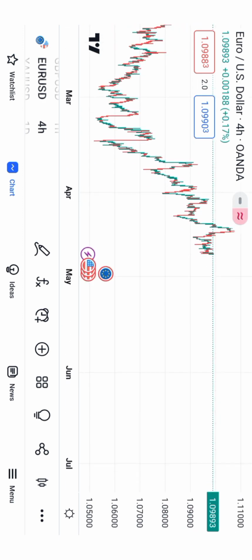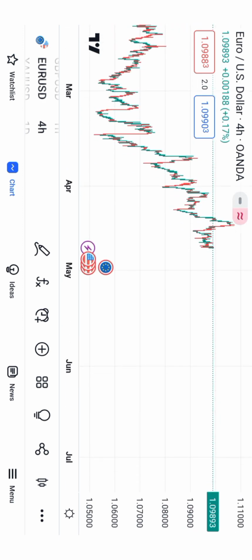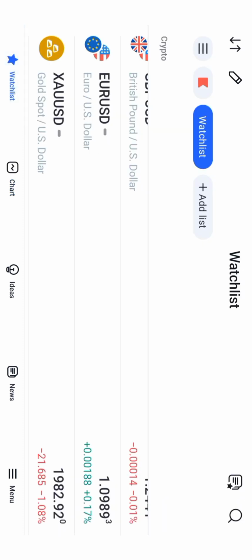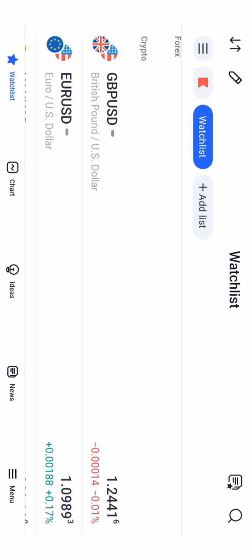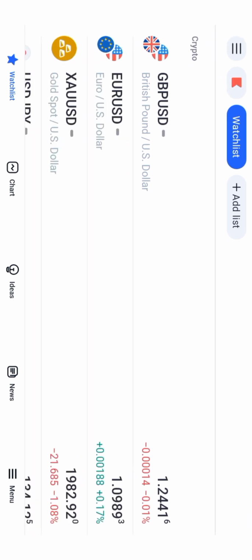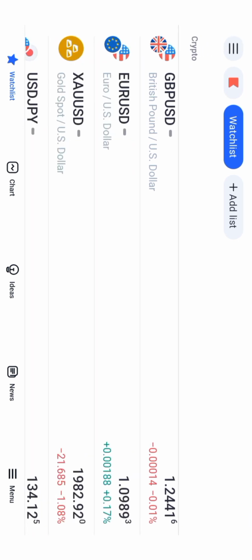All right, I have come to my watch list. In my watch list I have selected some trading pairs that I would like to document here. Before that, let me explain what you see there. You see the currency pair GBP USD, you have Euro USD, you have XAU USD. The first, GBP USD, is the Great British Pound versus the US dollar. The second, Euro USD, is the European currency versus the US dollar.